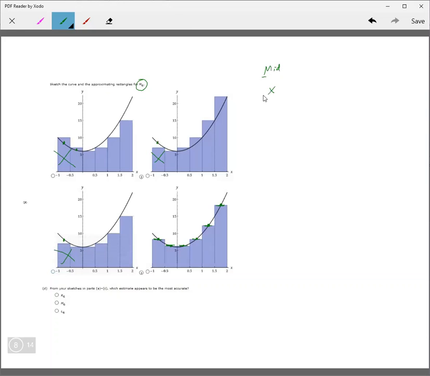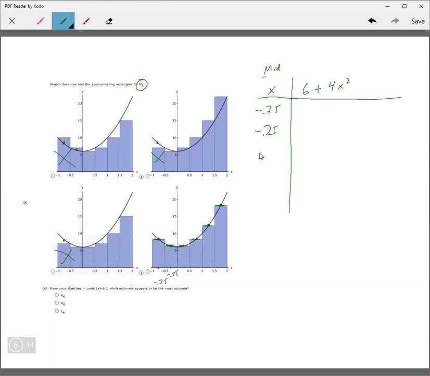Okay, so now this is going to be a little bit more tedious because the midpoints are now between -1 and -0.5. So that's actually -0.75 is that midpoint there. And then this one is -0.25.